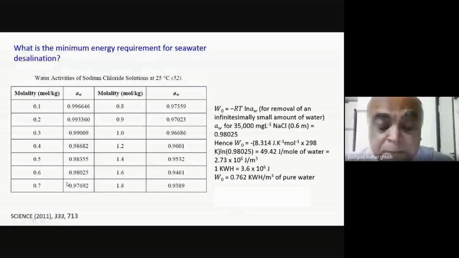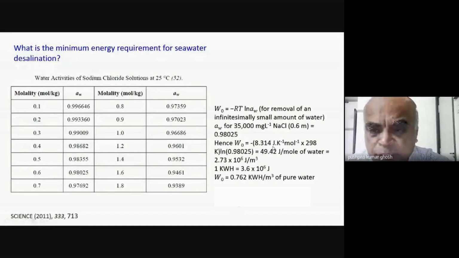This is a totally impractical scenario, but I'm just trying to tell you what really reversible would mean. So if I now want to calculate the work, we'll write W0 is equal to minus RT ln AW, for removal of an infinitesimally small amount of water, so that there is no change in the resultant desalinated water. It has the same water activity.